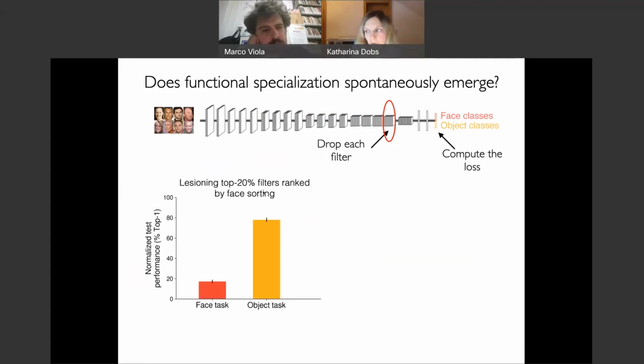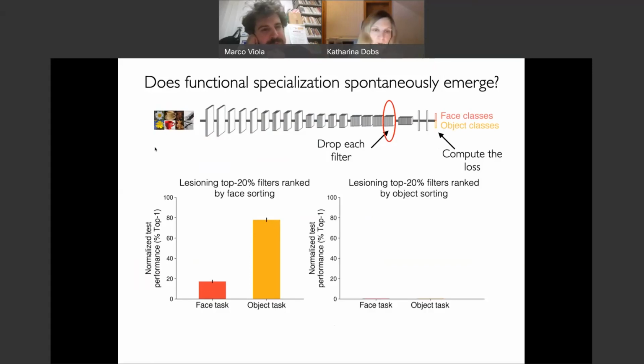So we found that when you lesion those 20% of the filters that have been identified using this lesioning analysis, the performance of the face task goes really down, whereas the performance of the object task is almost not impaired. And we did the same thing, dropping each filter but showing it object images, and ranked the filters by how important they were for performance on object categories.